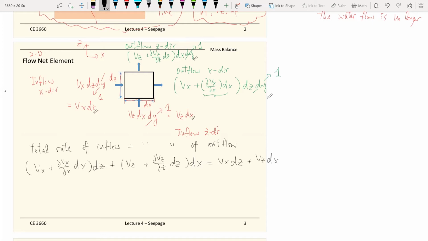And in fact, if we do the math, you realize that this term here will cancel out, and this term there will be cancelled out. So in the end we will have these equations.